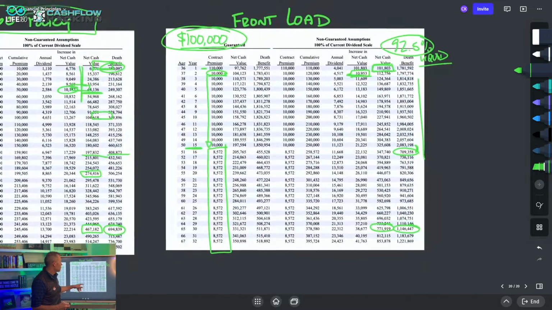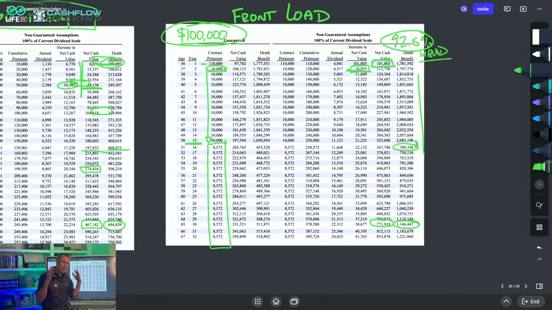And so when I think about what is the optimal design of a policy, I'm always thinking about how much money you have to front load the policy. If you could figure out how much you have to front load the policy, that is going to be a big indicator on what you need to pay every single month.